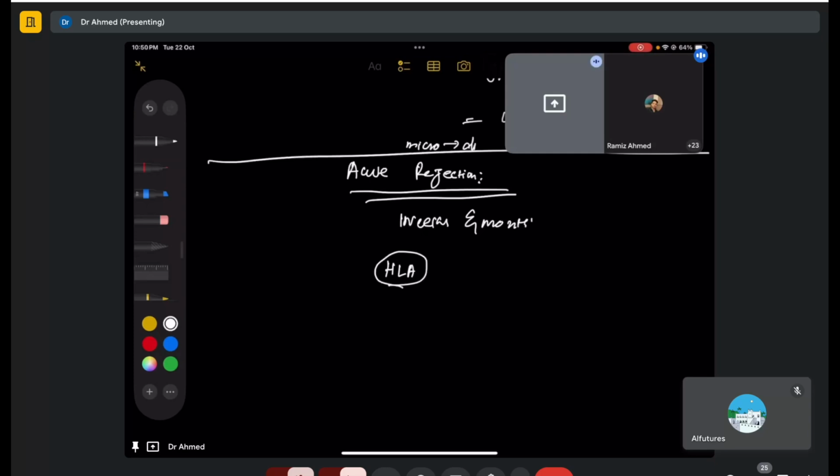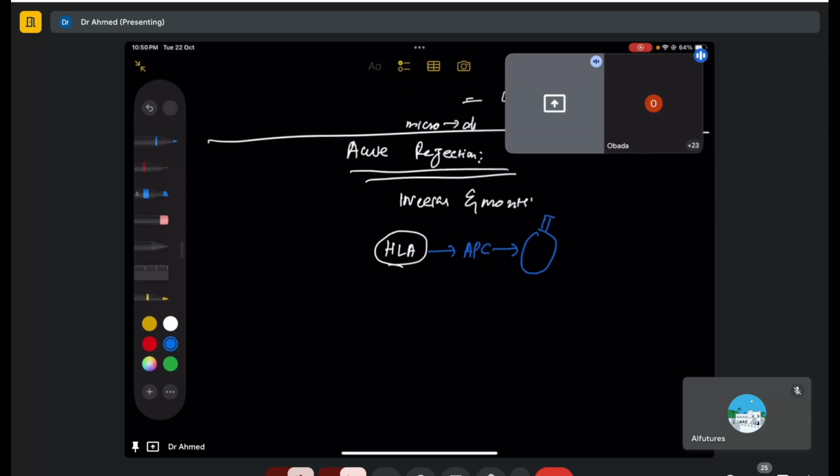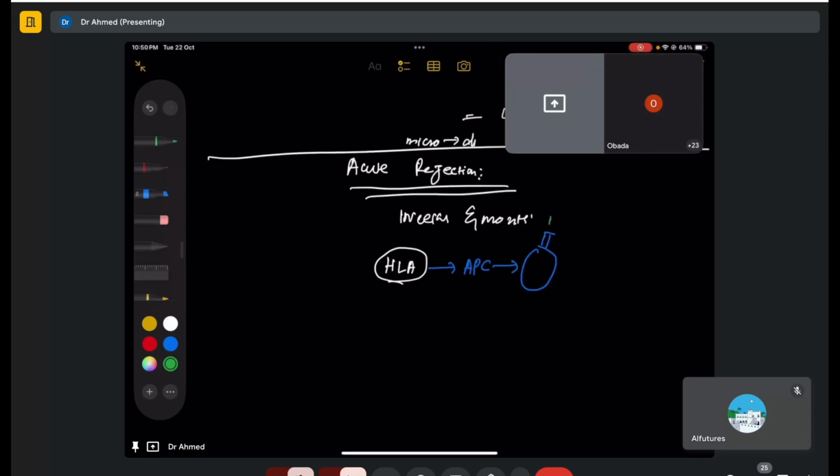If HLA aren't matching, your antigen presenting cells are going to come, right? Antigen presenting cells are going to present on what? I think it's been 2000 times that we have discussed this process. MHC what? MHC 2.